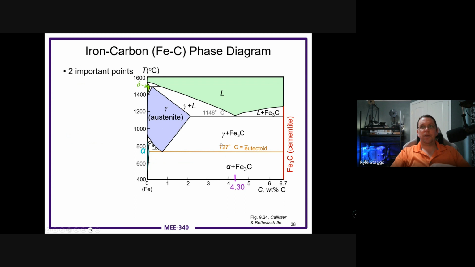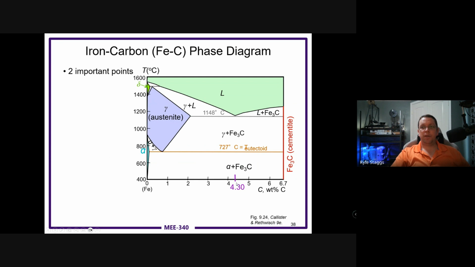So the eutectoid is about 727 C, and the eutectic for iron is about 1100, 1148. This is where you're going to have a couple different types of phases occurring, and both of those are important.